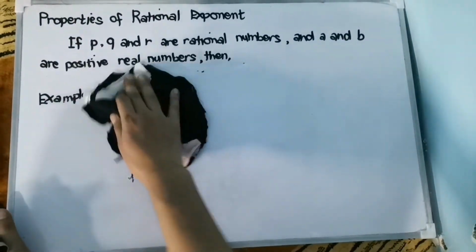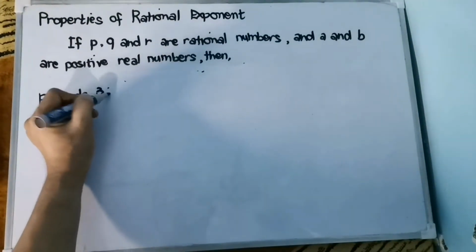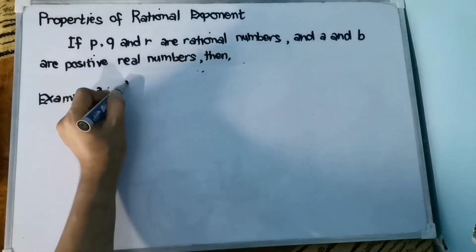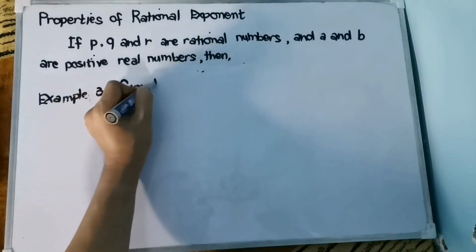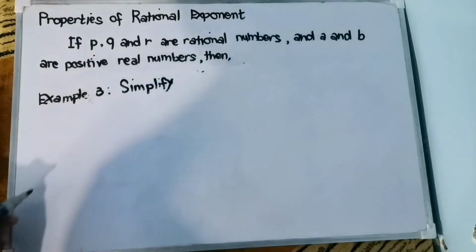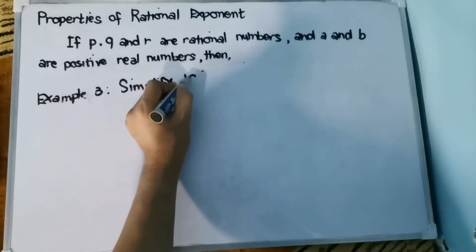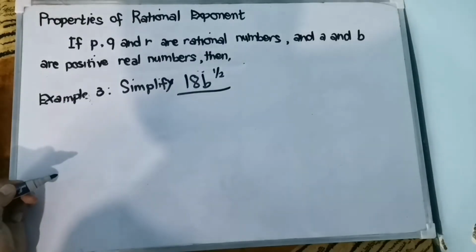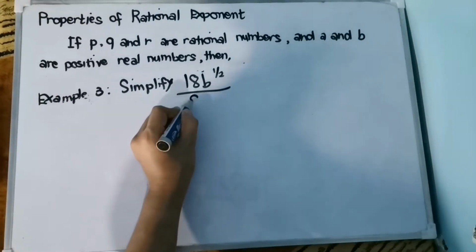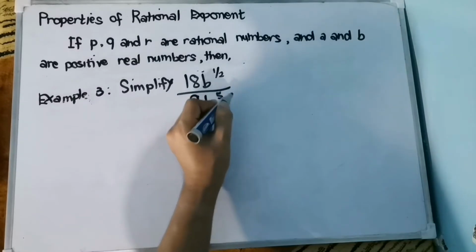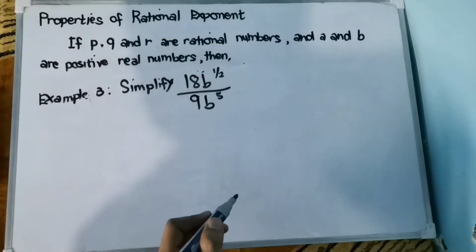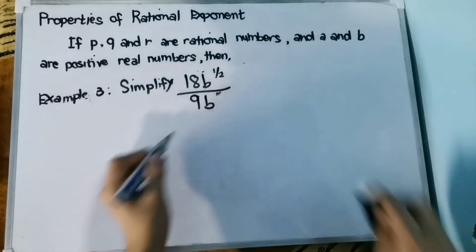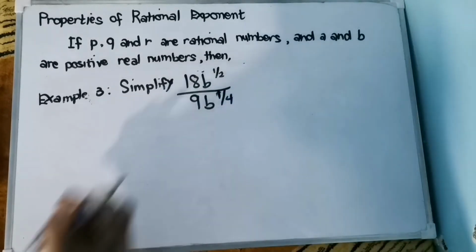So for our third example, simplify 18b raised to 1/2 all over 9b raised to 1/4.